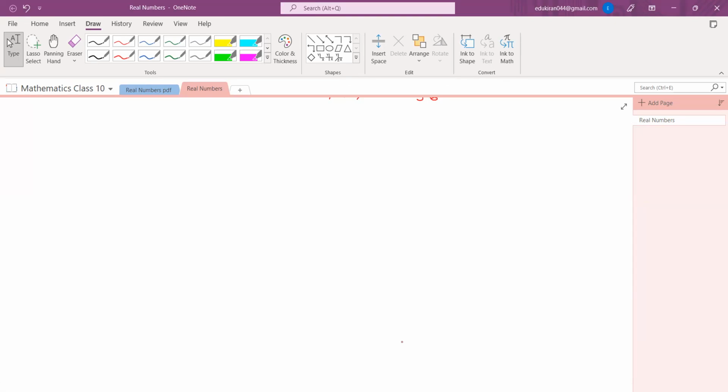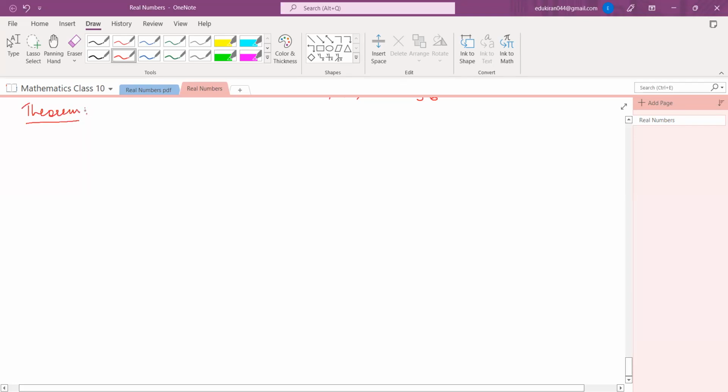Okay, so now we will begin with a theorem. So I'll give you an introduction first of all, a little bit, and then we will proceed towards the exercise. Now there's a theorem which you have to remember. Let a be a positive integer, and p is a prime number.